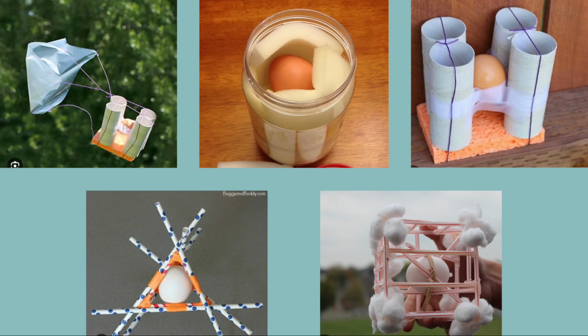I want you guys, as you make these structures, to record yourselves and to make your own videos explaining the process that you went through to build these structures, and how you did it, and also the physics behind it, why you did what you did, why you thought that your method was the best method to reduce the impact force of the egg.